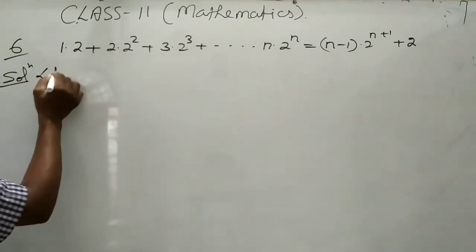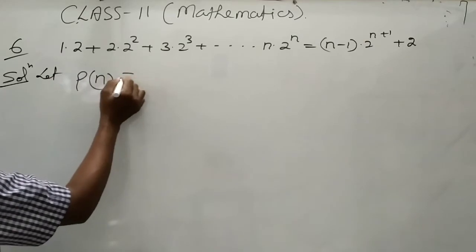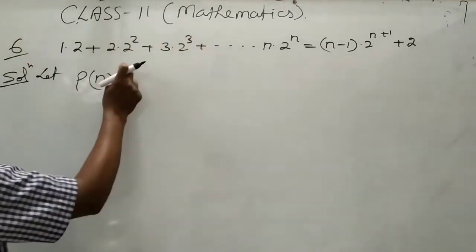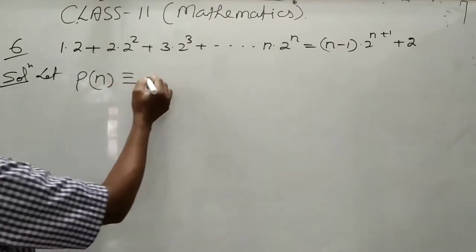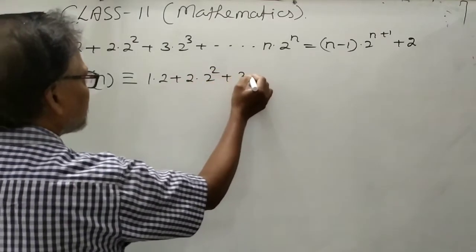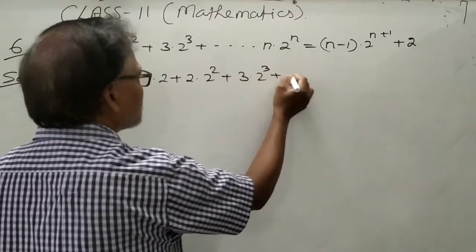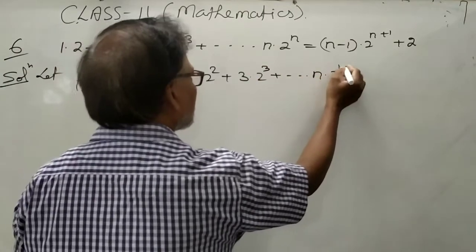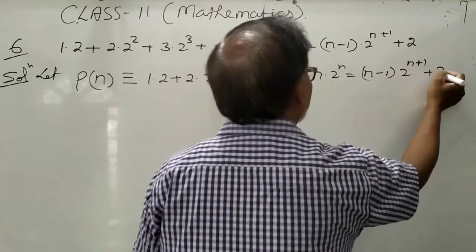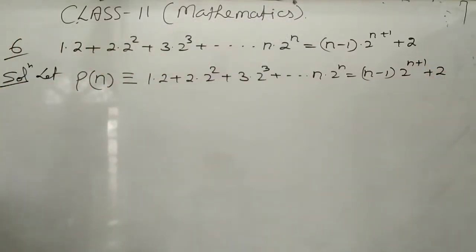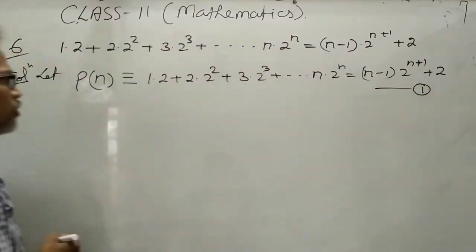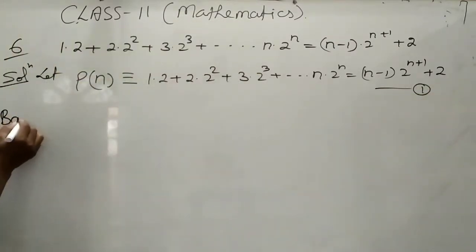So let Pn be equal to this, using the 3 horizontal lines, and write the same thing. This is equation 1, you can say.